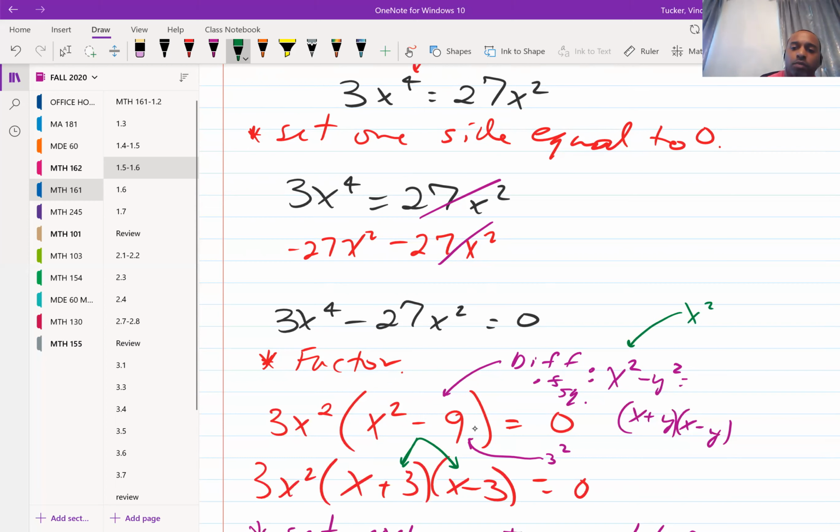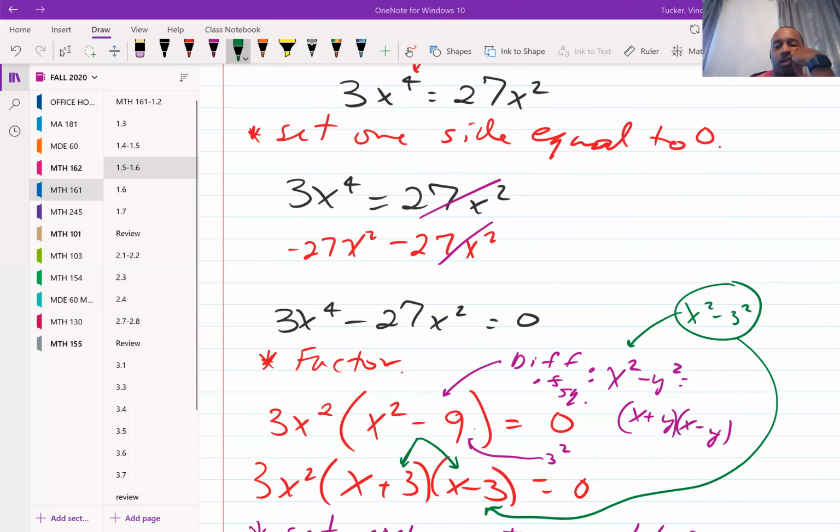Whenever you have that type of scenario, you can break it up into x plus 3, x minus 3. All right, any questions so far?